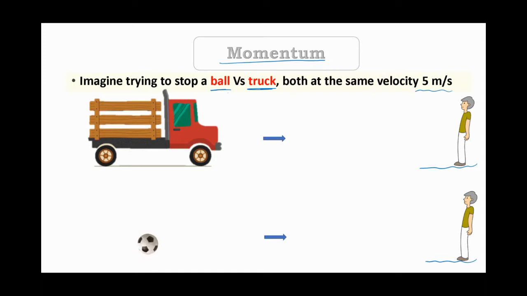What will happen when the truck reaches the guy here and when the ball reaches the other guy? What do you think will happen if they are moving at the same speed? Can you tell me what might happen?